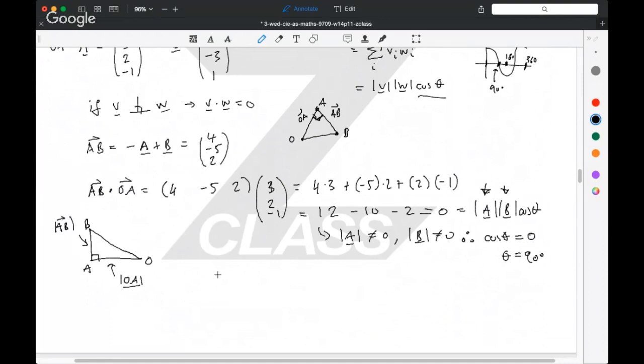Great. So OA, well, the magnitude of a vector is just a formula, but it's going to be equal to the x component squared plus the y component squared plus the z component squared.